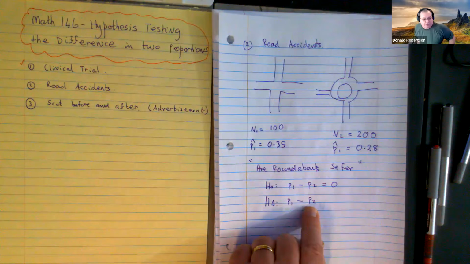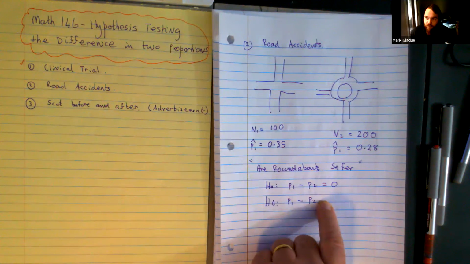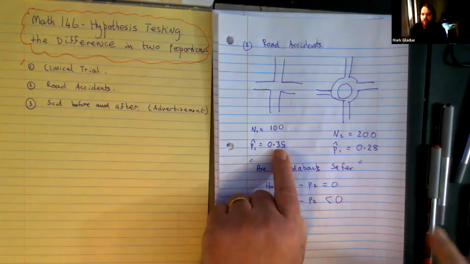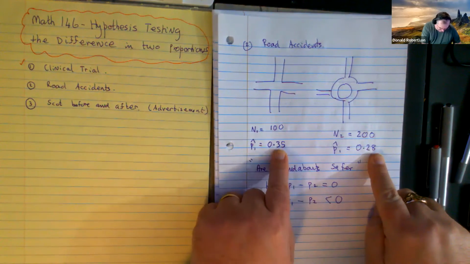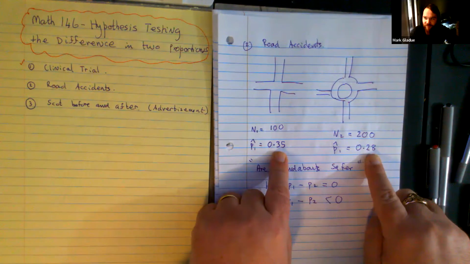Greater than 0, less than 0. You're saying that this one, take away that one, is greater than 0.